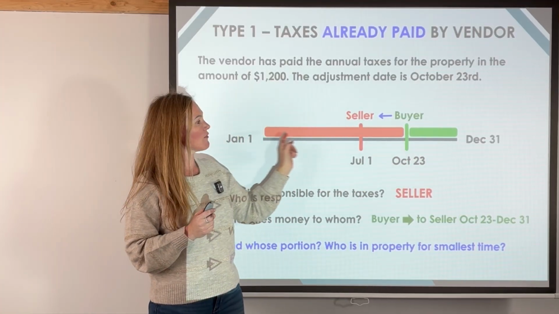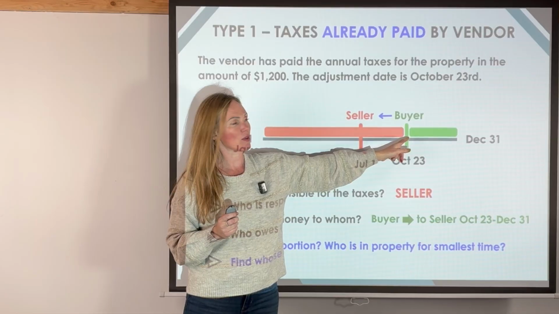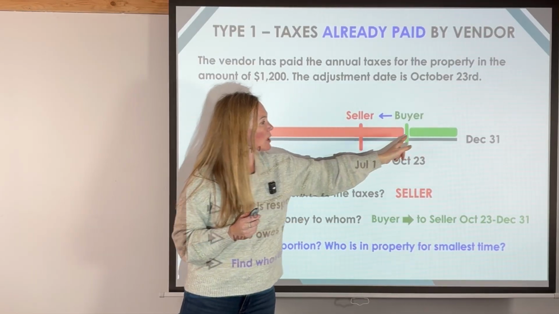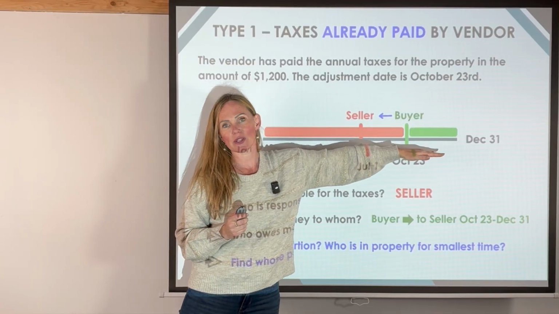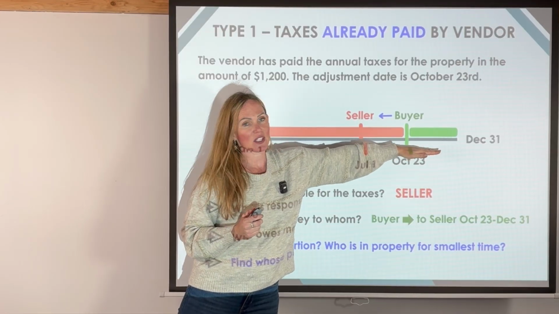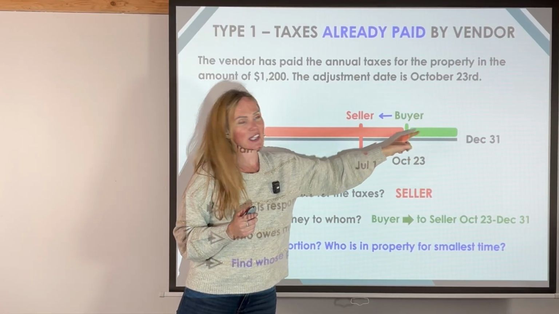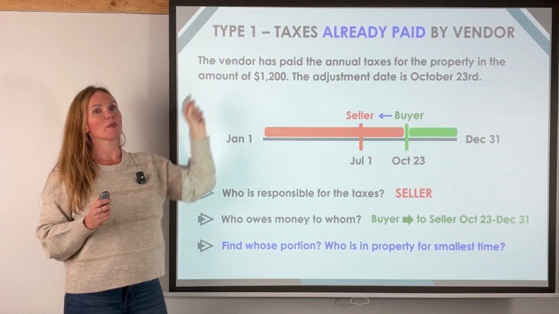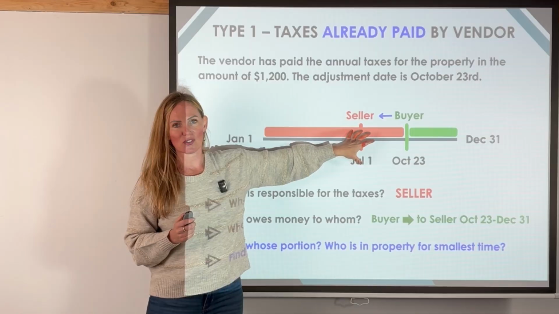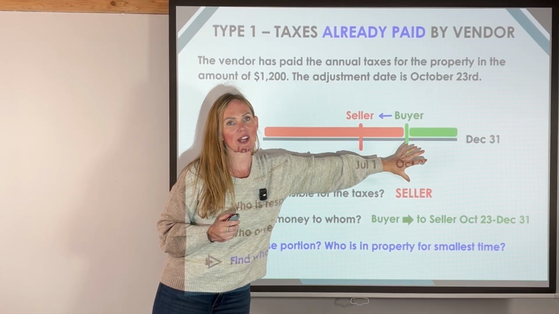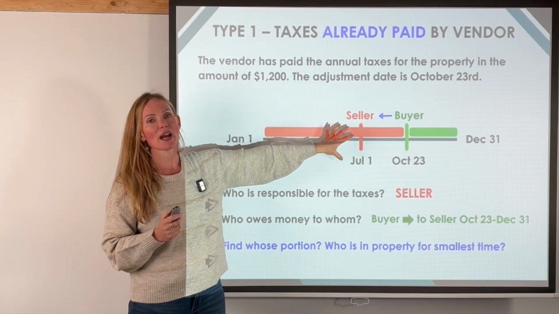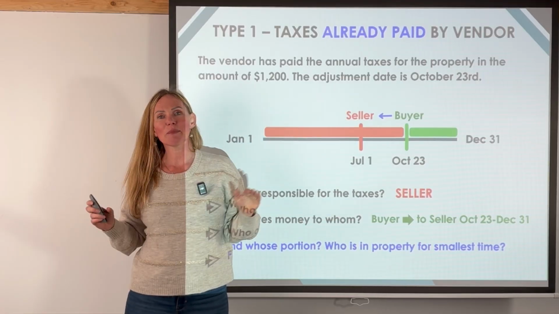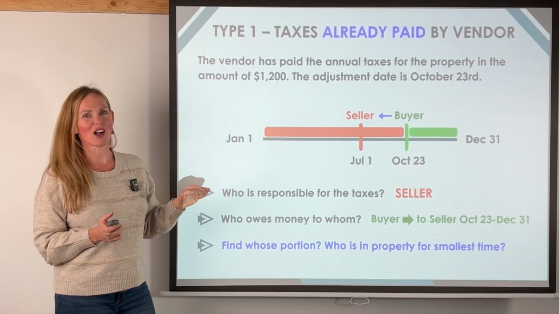So in this case, I know the buyer bought it from October 23rd, and I see that he only has from October 23rd till December 31st of this year to live in this property. You see his line is way shorter. Whoever's line is shorter, that's the person who will be paying the taxes to the other person. Always, always, always. Whoever has fewer dates has to give the money back to the other person. If you keep it simple like this, you'll never get lost on these taxes.